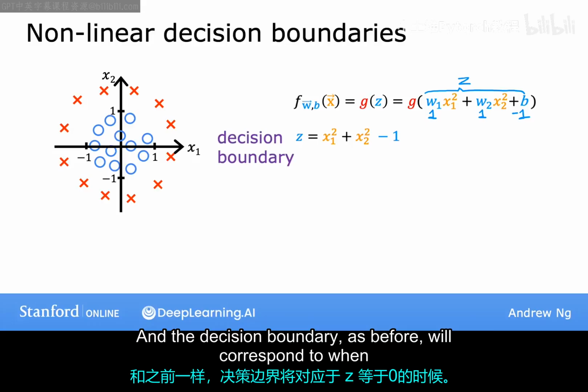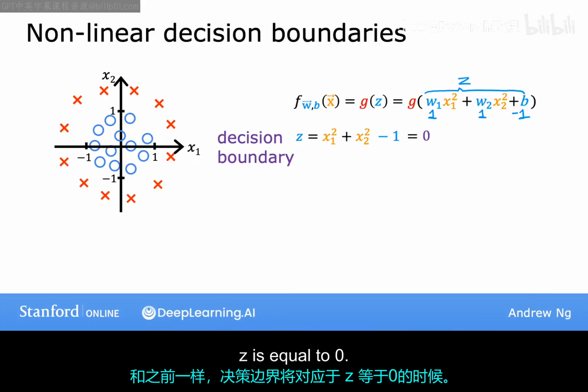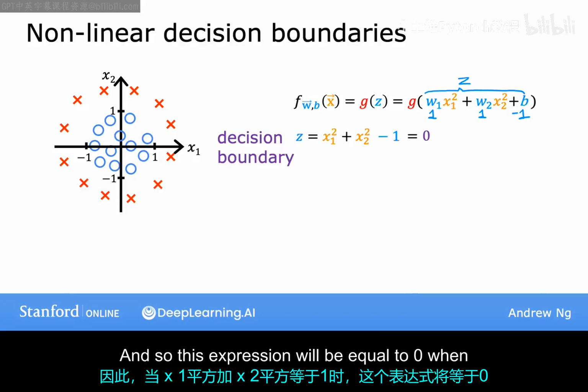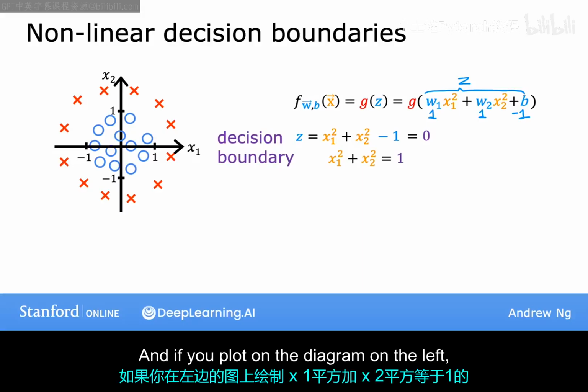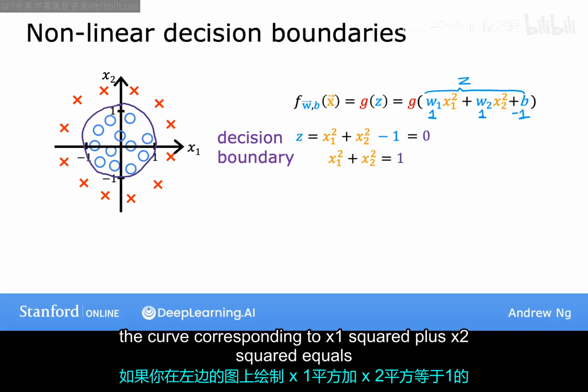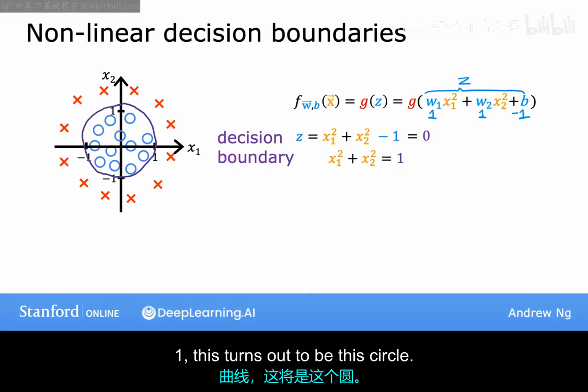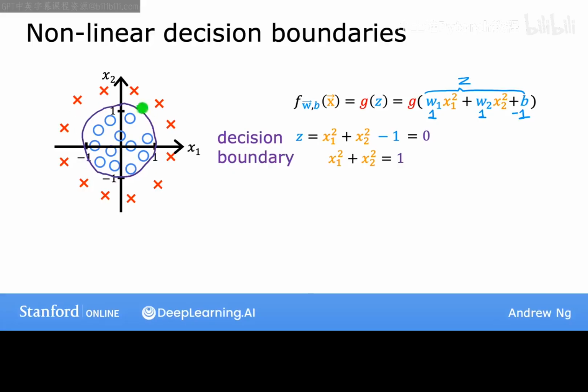And the decision boundary, as before, will correspond to when z is equal to 0. And so this expression will be equal to 0 when x1 squared plus x2 squared is equal to 1. And if you plot on the diagram on the left the curve corresponding to x1 squared plus x2 squared equals 1, this turns out to be this circle.